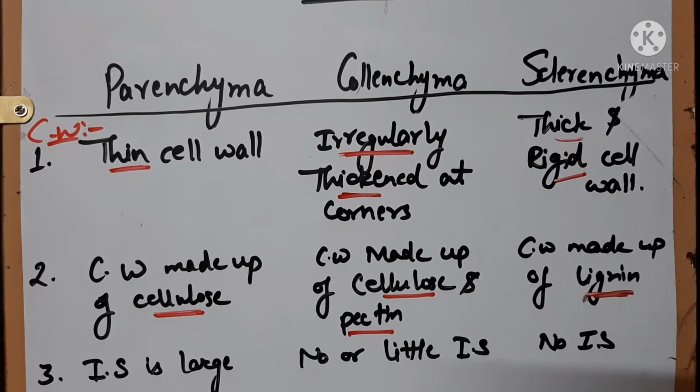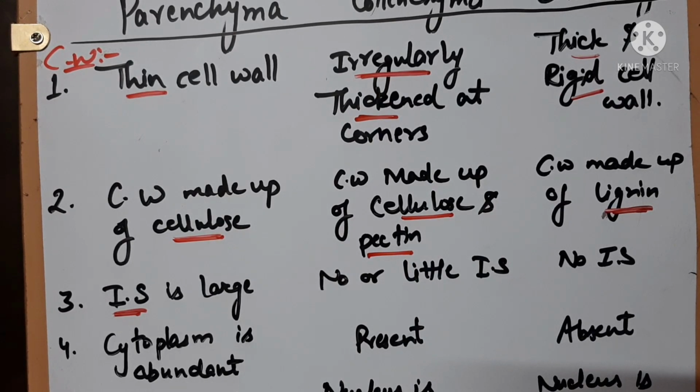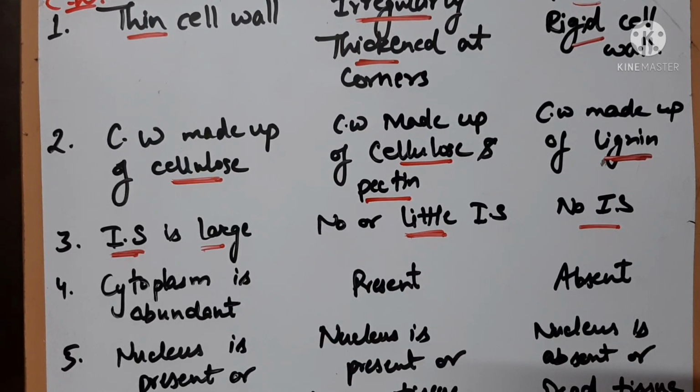Yes, it is the waterproof material. IS, I have written IS, short form of intercellular space. Intercellular space is large in parenchyma, it is almost negligible or very little in collenchyma, and it is absent in sclerenchyma.